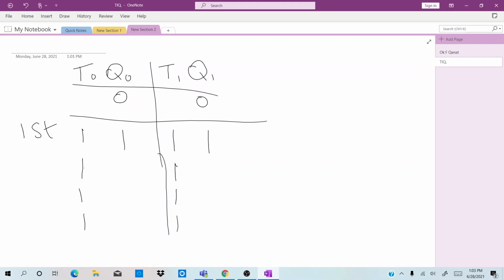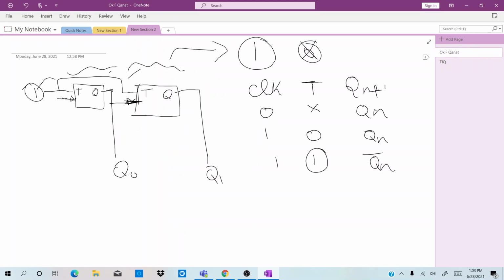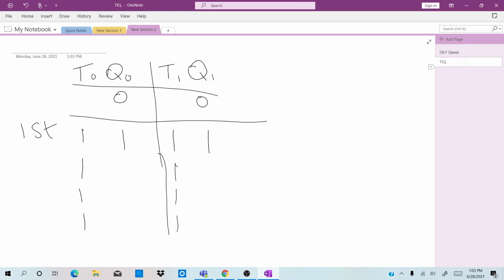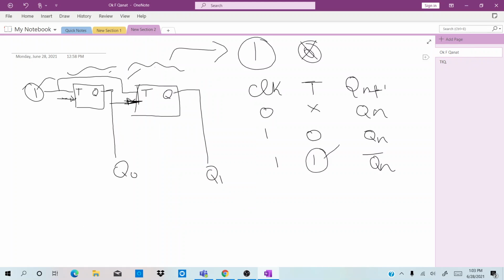Then if T0 is 1, from the truth table it's the complement of the present state. The present state is 1, so the complement is 0. I have already told you that if the output of the first flip-flop is 0, then the clock pulse is going to be 0, so this flip-flop won't be functional.